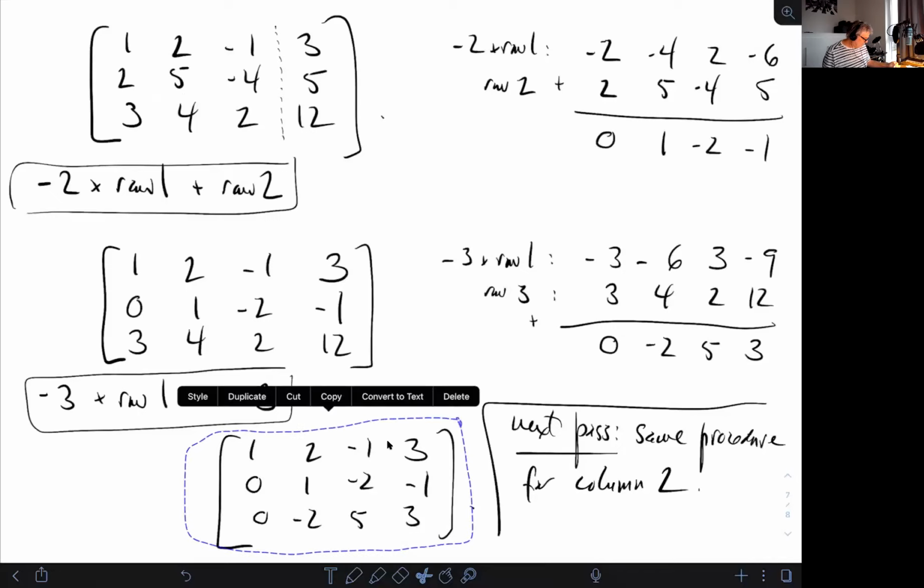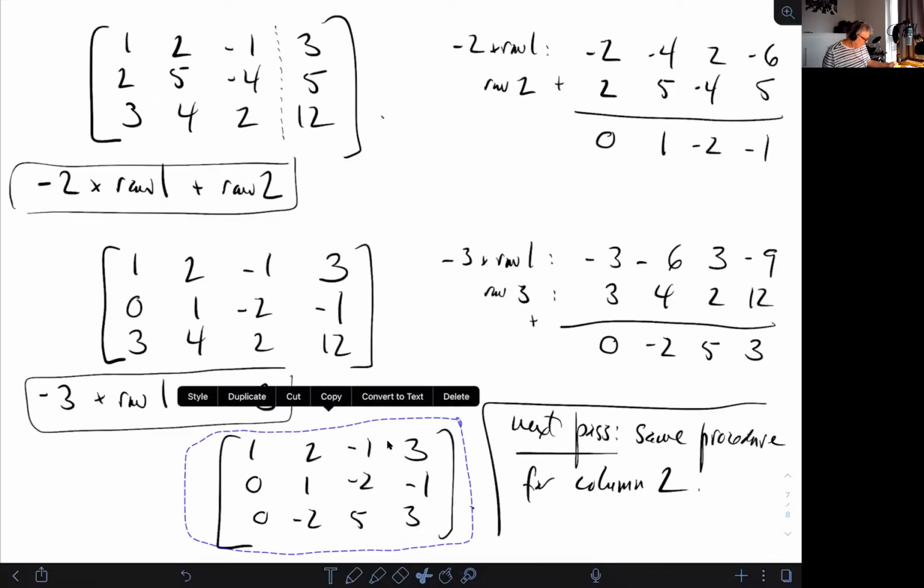Let's just write down what those are. So 2 times row 2 is 0, 2, -4, -2. Row 3 is 0, -2, 5, 3. I'm going to add those. I get 0, 0, 1, 1.